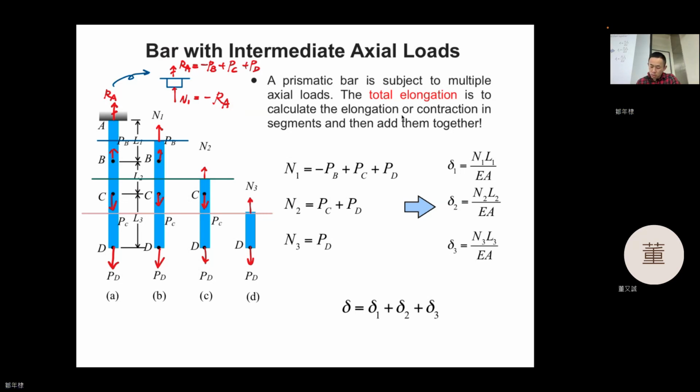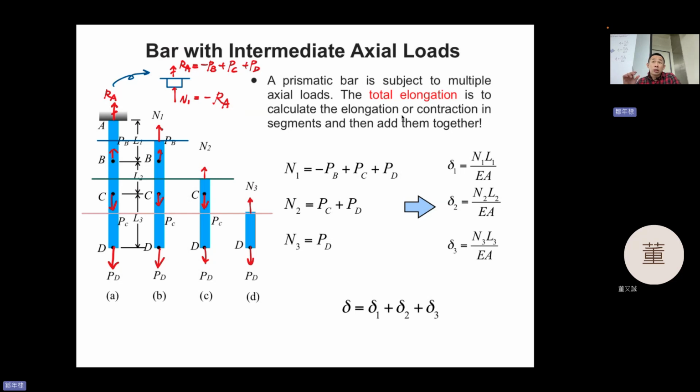So after these three, I know the values N1, N2, N3 under my assumption of their upward positive. In a real problem, after we do that, if we have positive, it means that our assumption is correct. Or if this is minus, the direction will be opposite.